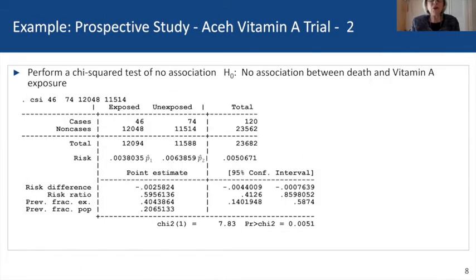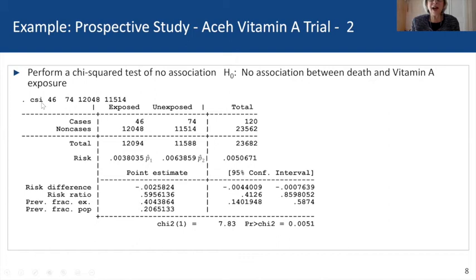So we could perform a chi-squared test of no association. So here, our null hypothesis is no association between death and vitamin A exposure. The alternative hypothesis is that there is an association between death and vitamin A exposure. We can see that in STATA, we're using a cohort study immediate command.